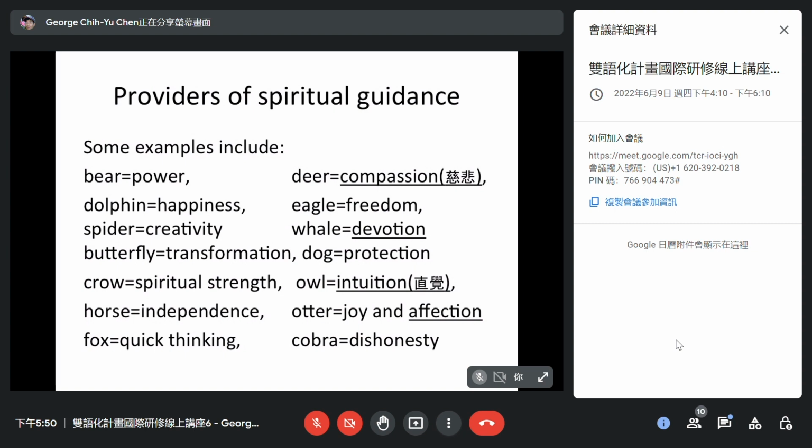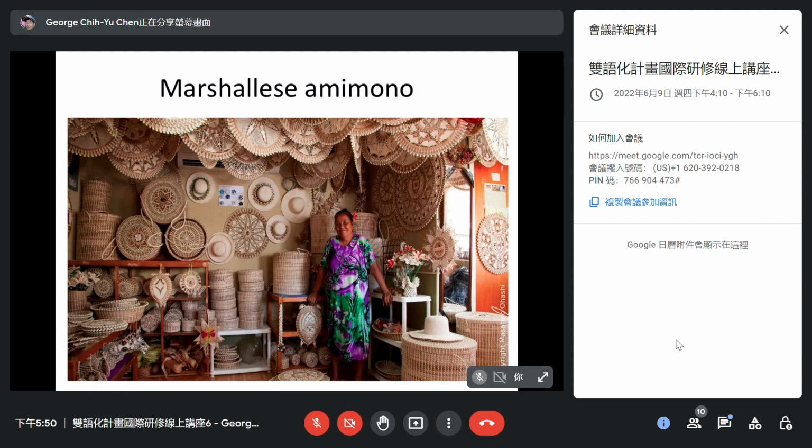And next, we'll go to Marshall Islands. And here, this example shows Marshallese amimono. People might wonder, where are Marshall Islands?